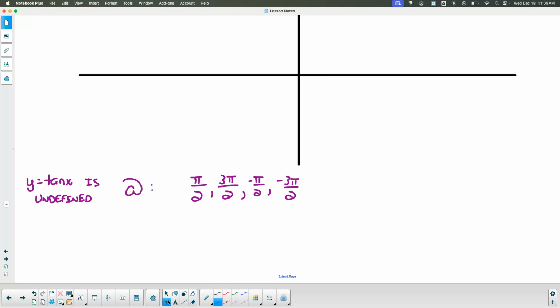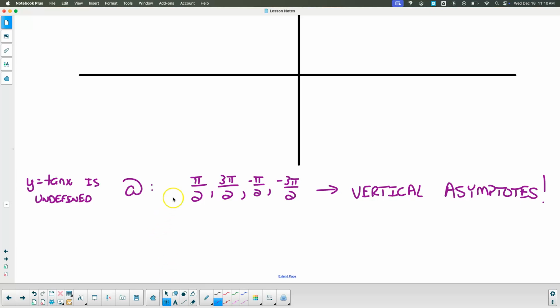It's an A word. Asymptotes. Yep. These are vertical asymptotes. Can a function cross a vertical asymptote? No. Remember that fact. A function cannot cross a vertical asymptote.